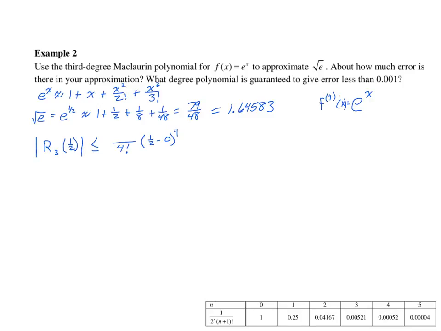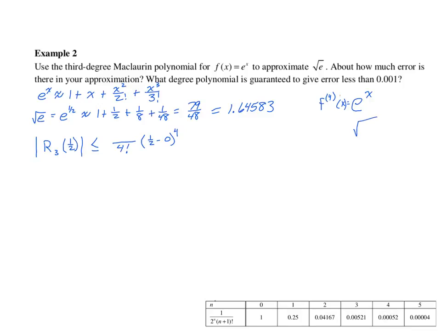This is going to be evaluated at 1/2, so we're trying to evaluate e to the 1/2. Well, if I knew that, I wouldn't need the remainder. So what I need to do is figure out what is the largest value that this could be. So let's think about this for a minute.